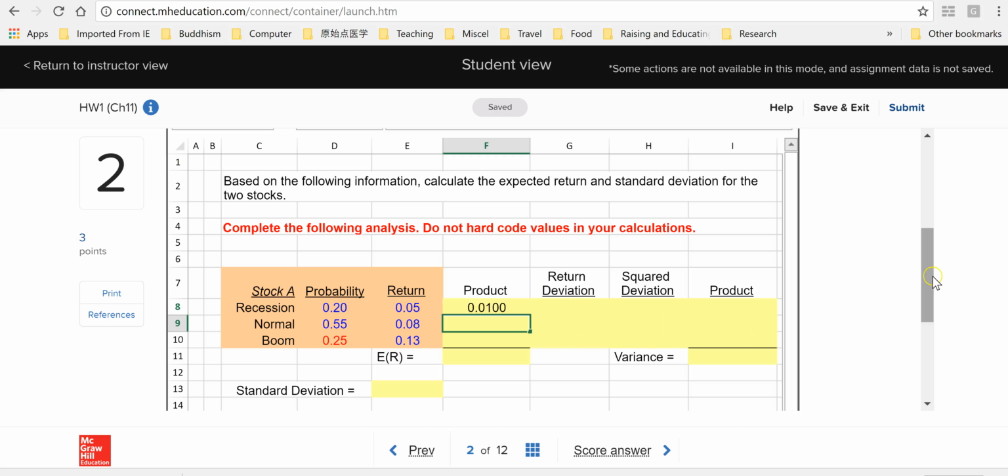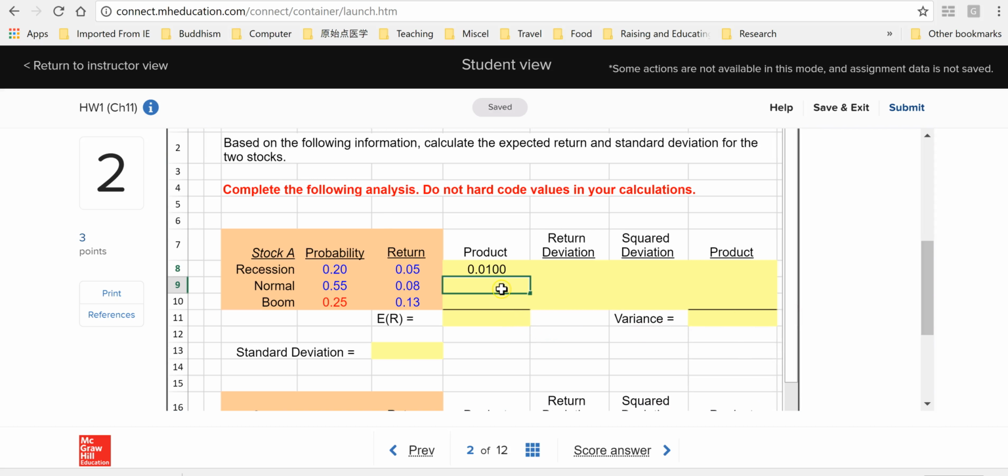You can immediately see the answer is correct. Similarly, under the normal state, you use the equal sign and multiply the probability times the return, and you can see it's correct again.